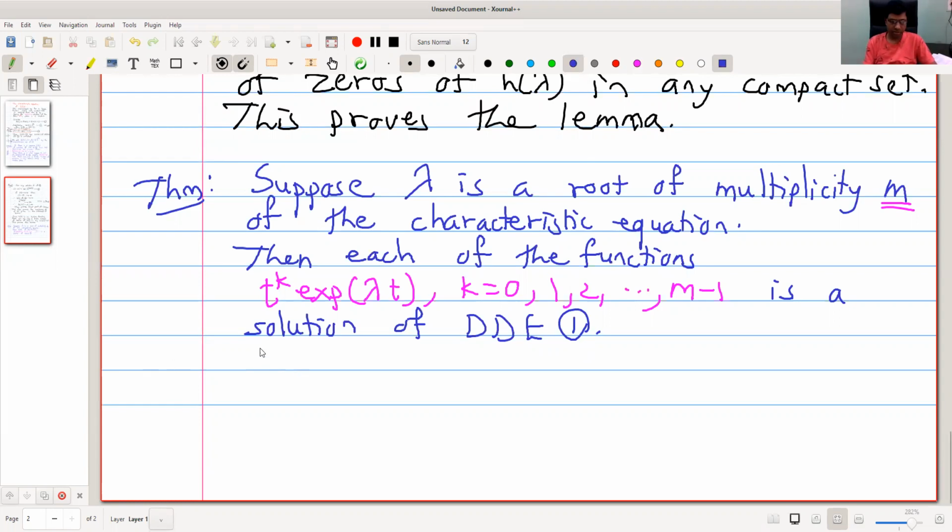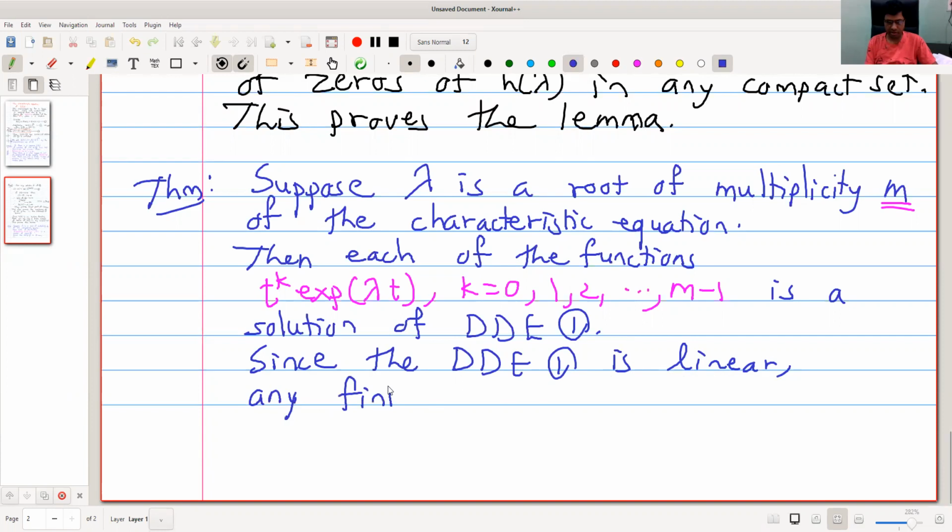Since DDE 1 is linear, any finite sum of such solutions is also a solution.